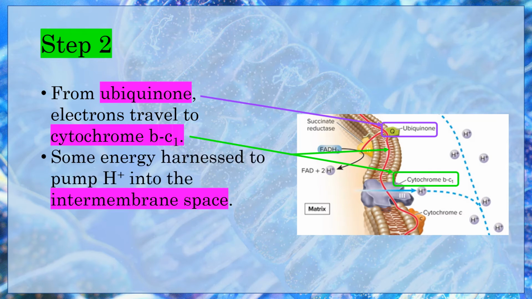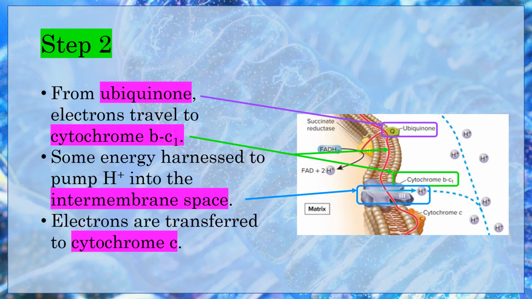Some energy is harnessed to pump hydrogens into the intermembrane space, as seen here in the blue, and electrons are transferred to the cytochrome C, seen in the orange.